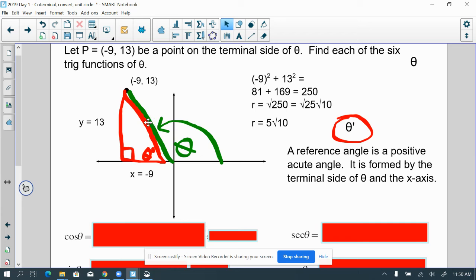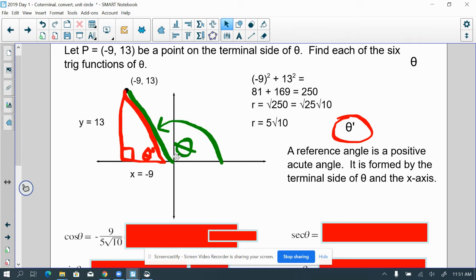And now realize you've got a right triangle, so we can do right triangle trigonometry. That's SOHCAHTOA. The cosine of this angle is going to be the cosine of the reference angle, which is adjacent over hypotenuse. So -9 divided by 5 rad 10.